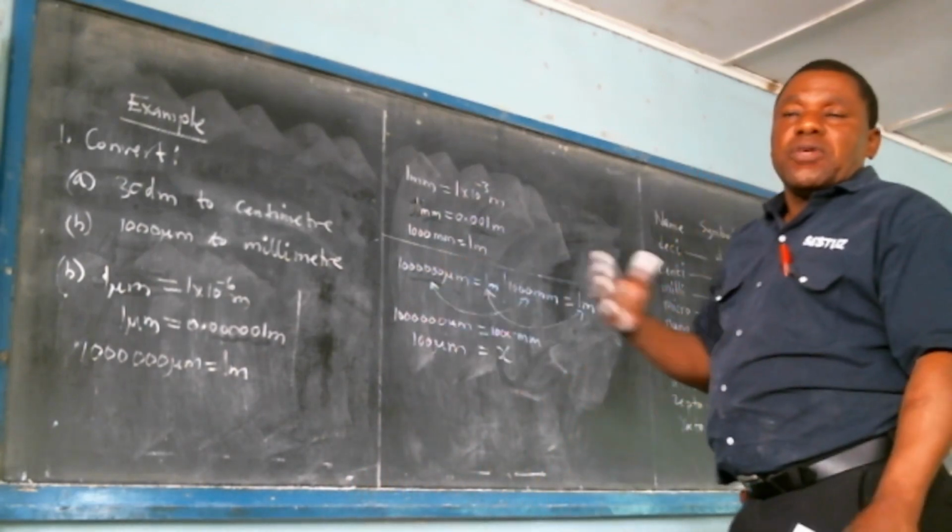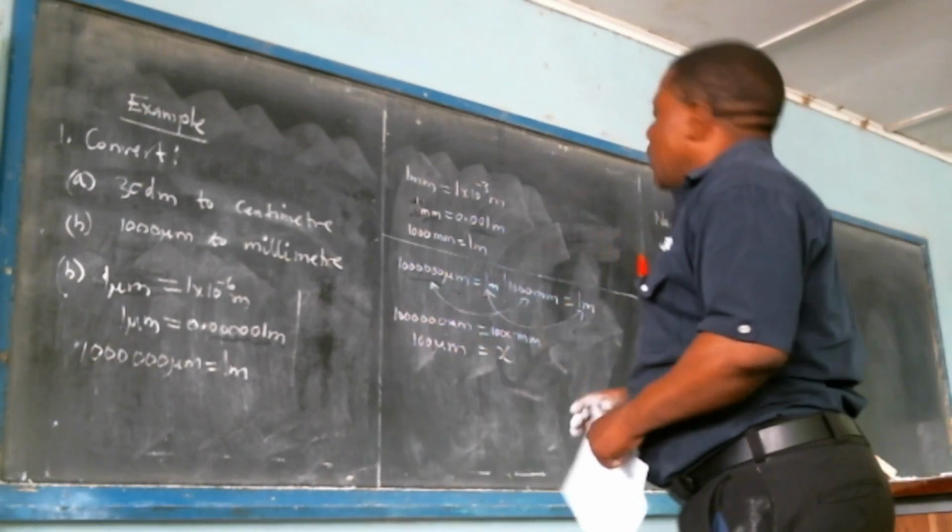As usual, we are just going to use cross multiplication to get the value of x.